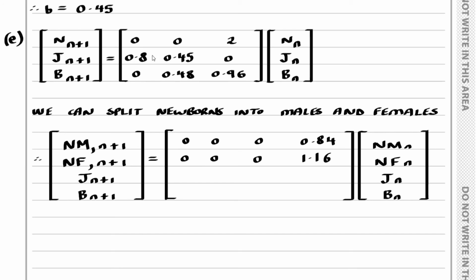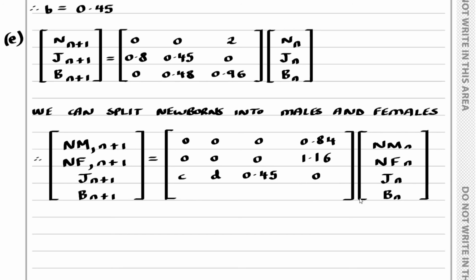And we could do the same thing here, but the problem is we don't know how we're splitting up this 0.8 in terms of percentages of males and females for juveniles. So we'll call that C and we'll call the other one D, because here we're going to have C multiplied by newborn males plus D times newborn females, and then the 0.45 stays the same and the 0 stays the same.